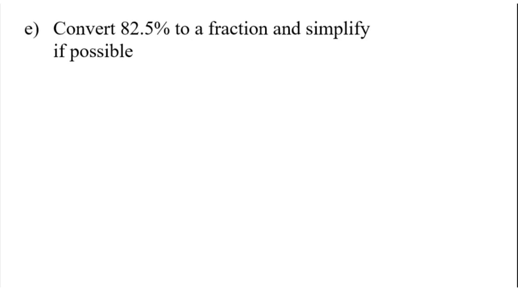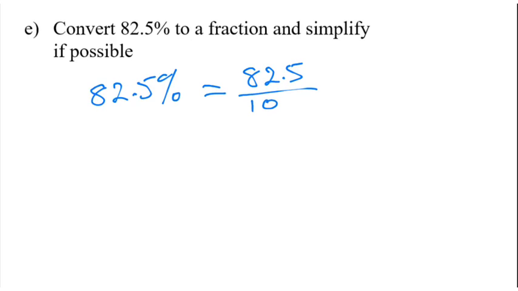Here's another interesting one. Convert 82.5% to a fraction. So that would be 82.5. Now the percent means divide by 100. Now I can't leave it as that because I can't have a decimal and a fraction together. I've got to change this. So what I need to do is I need to get rid of that 0.5.